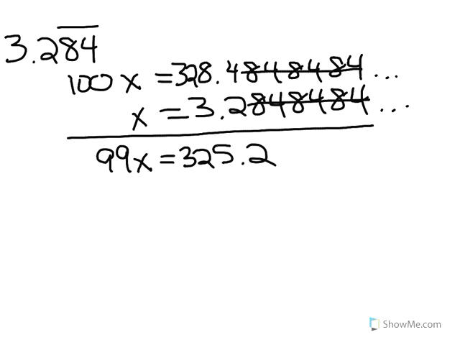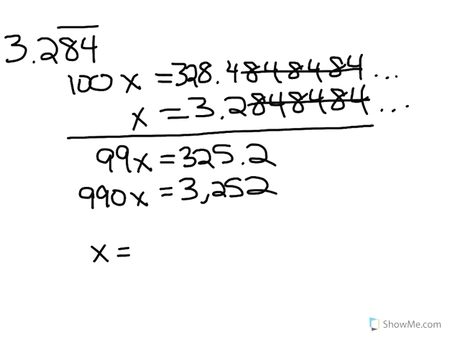I'm not terribly keen on having fractions inside my fractions, and decimals are fractions. Let's eliminate the decimal at this point so that we don't have to deal with it later. Multiply both sides of the equation by 10. So we have 990x equals 3,252. Divide both sides by 990. We have x equals 3,252 over 990.